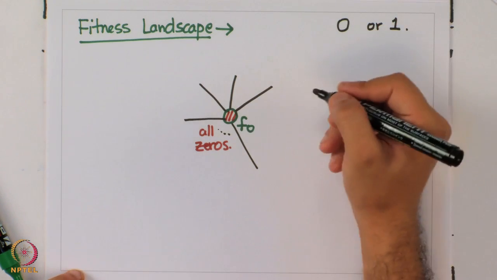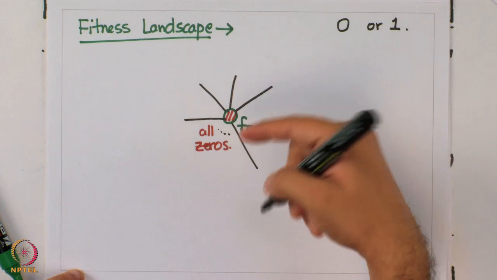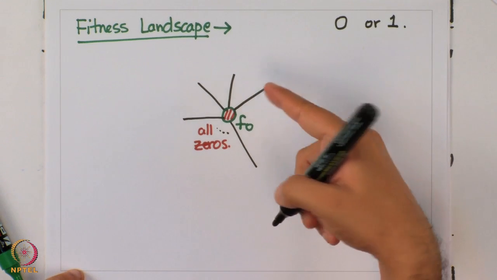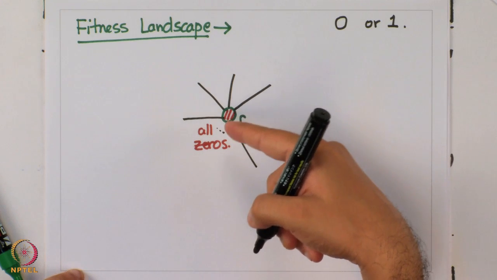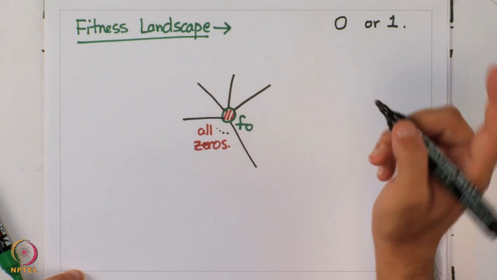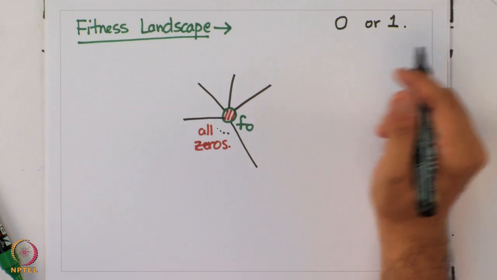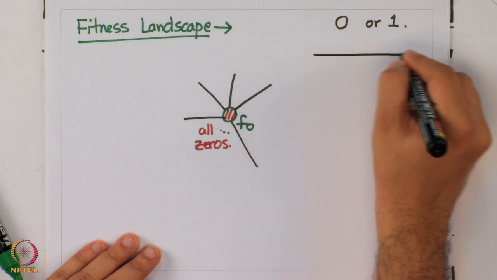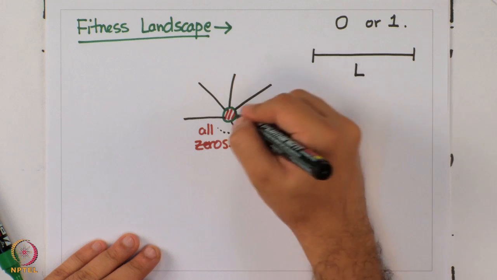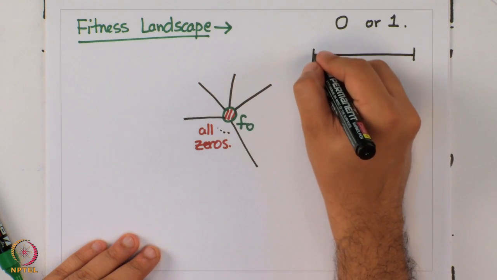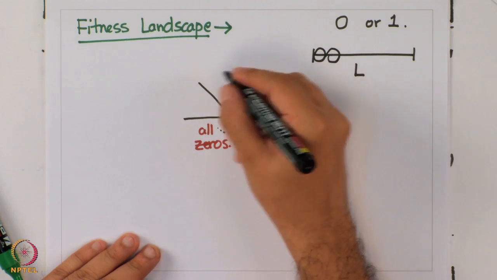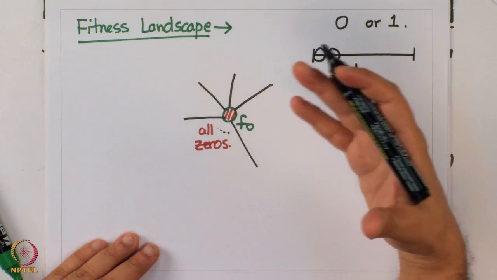By definition, a neighbor is defined as one mutant neighbor, such that this sequence acquires a single mutation and converts to its neighbor. The neighbor could similarly acquire one mutation and convert to this sequence. So, these transitions are possible with one mutation only, and that one mutation could happen anywhere along the length of the DNA. So, if the length is L, that one difference in the nucleotide sequence could be at position 1, which is this neighbor, could be at position 2, which is this neighbor, and so on and so forth. So, this has L neighbors.